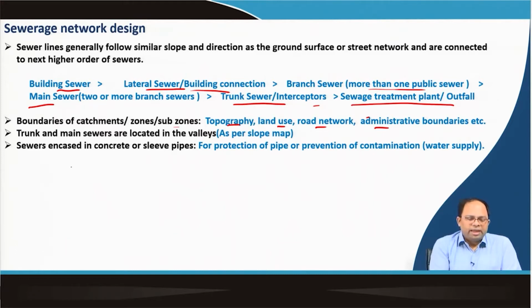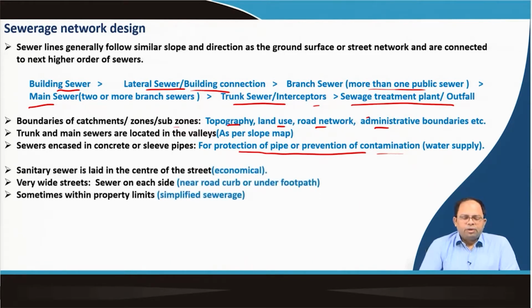So sewers encased in concrete or slip pipes are also seen in many cases. These are basically for protection of the pipe or prevention of contamination of water supply. So where water supply and sewerage lines go together, sometimes for protection, we will actually encase those sewer pipelines.